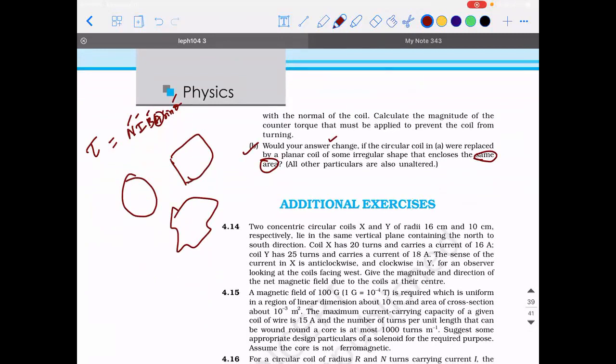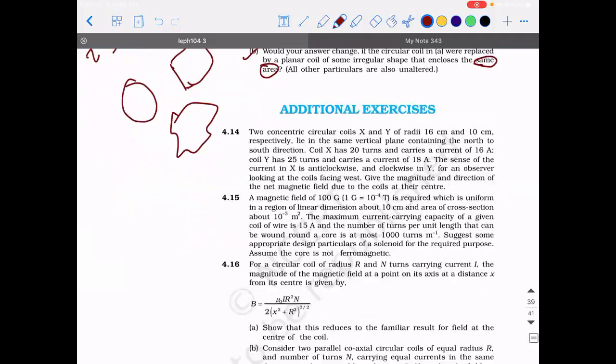No matter which shape it is, the area covered will be the same, so the answer will also be the same. Area is important and the orientation is important. When I say orientation, I mean the angle. If the magnitude of the area and the angle are the same, with the same magnetic field, same current, and same number of turns, the answer is still going to be the same.